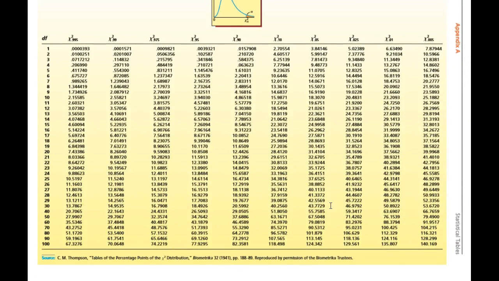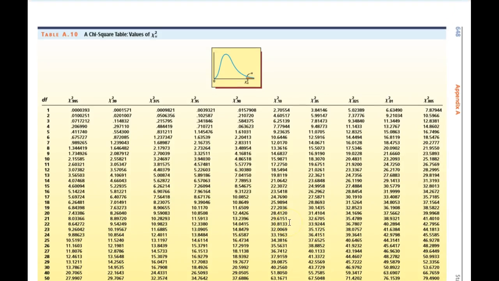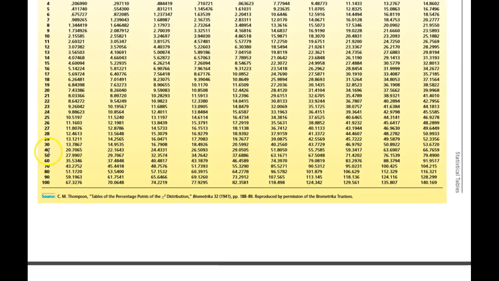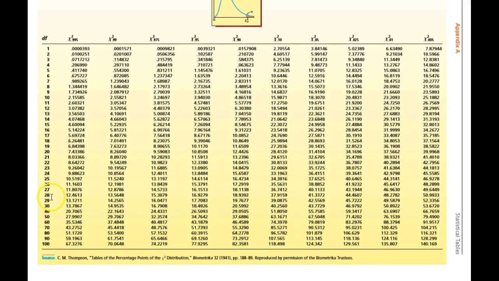There it is. Very weird. Okay. So the chi-squared table, we first wanted to find the degrees of freedom. So we scroll down to 29 and then we're looking for 0.05 up top there. And we get 42.5569.